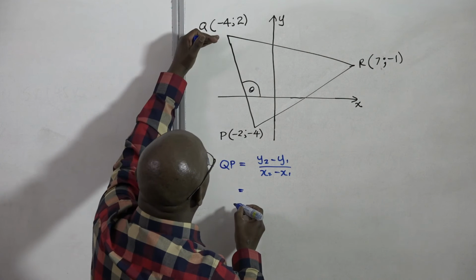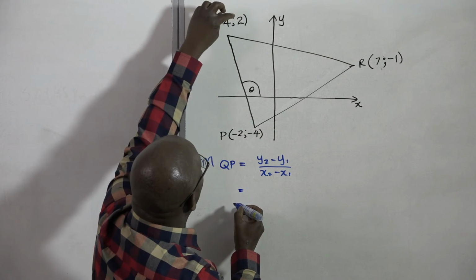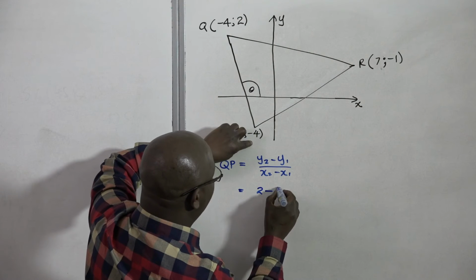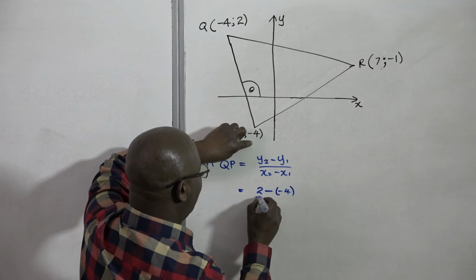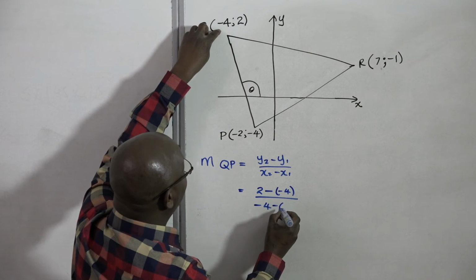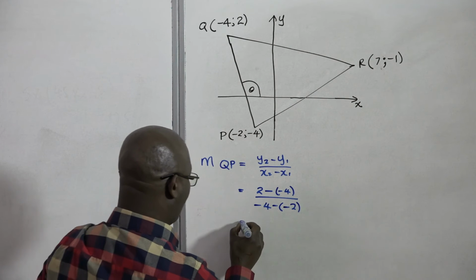I will call these the 2's and these the 1's. So y2 will be 2 minus y1, which is minus 4. x2 is minus 4 minus x1, which is minus 2.